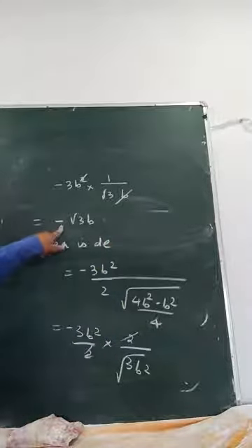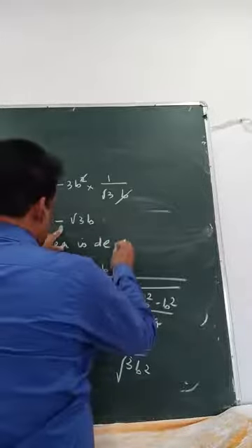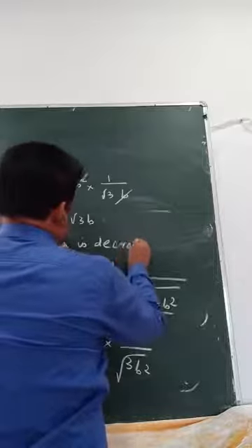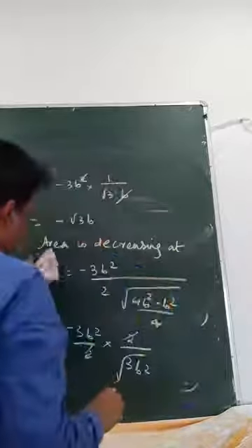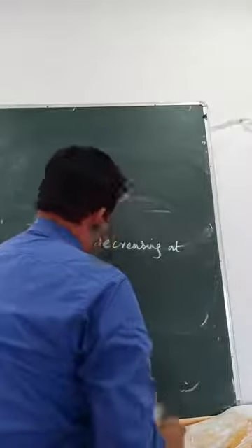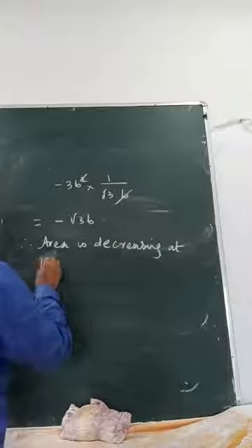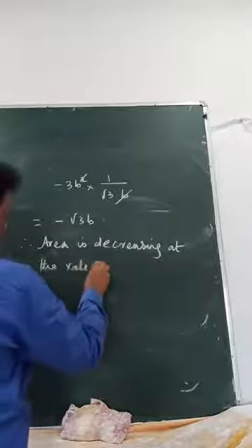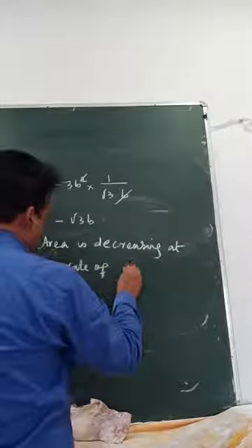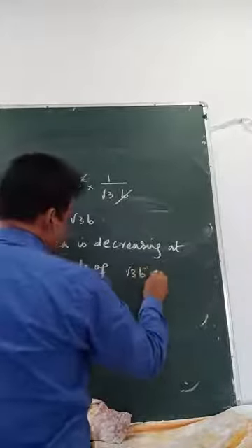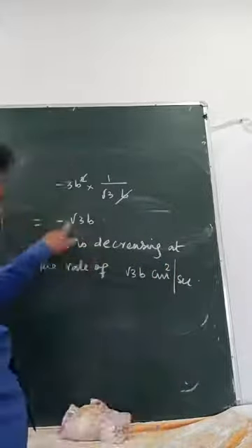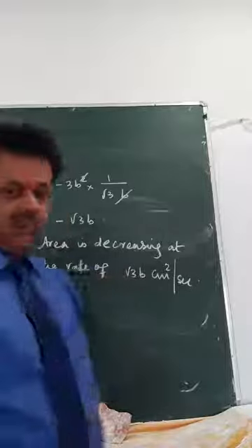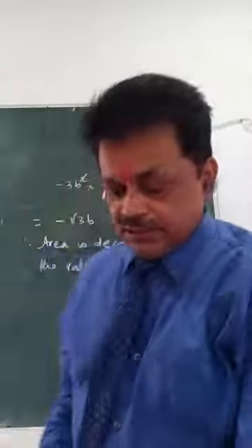Because minus side decreasing at the rate of root 3b centimeter square per second. Because I am decreasing, so I have removed minus side. Okay, this is about your rate of change of quantities.